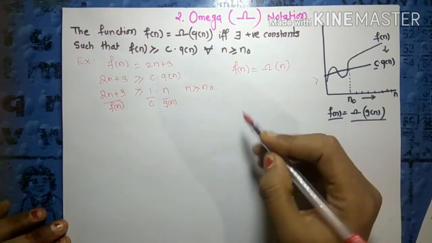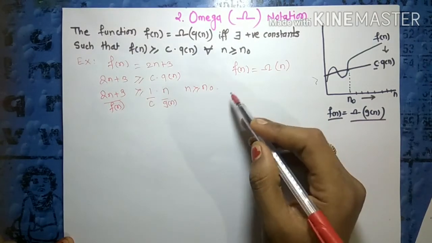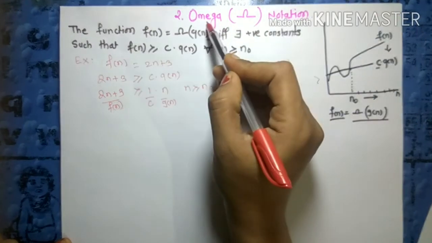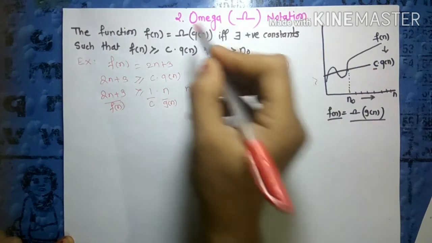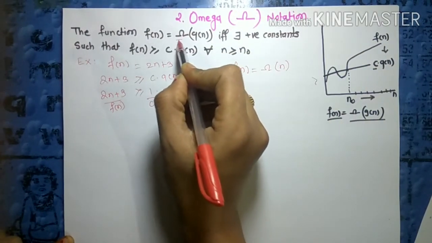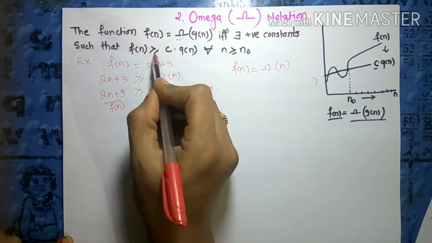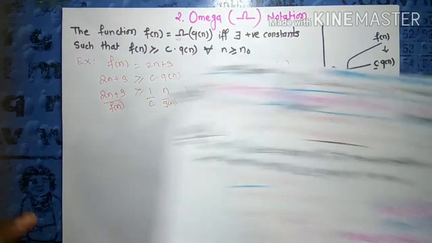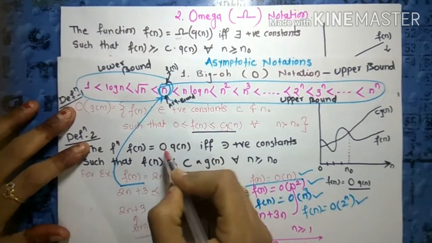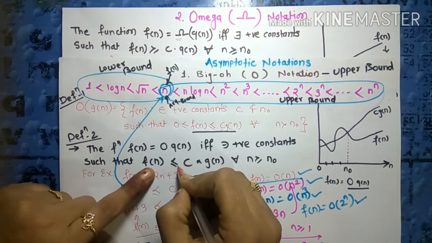There is only one difference between the big O notation definition and the omega notation definition: there is a change in this sign. Here f of n is greater, and in big O notation it is lesser.